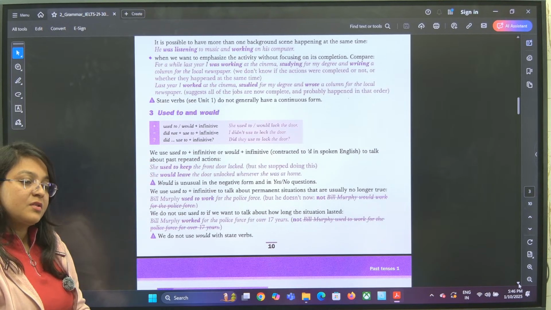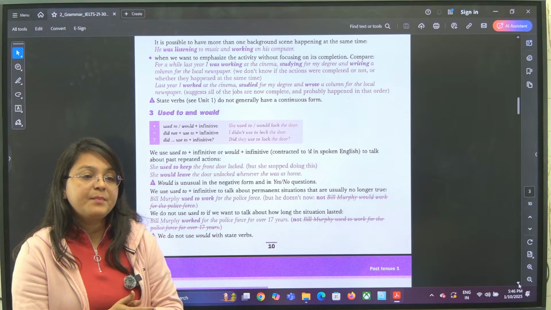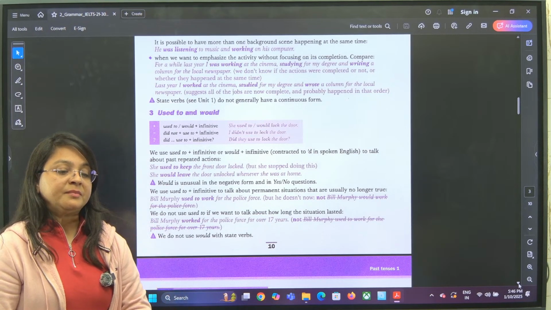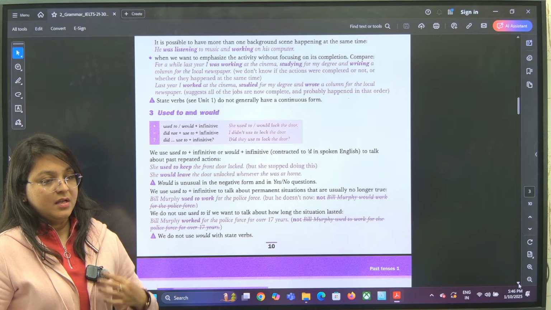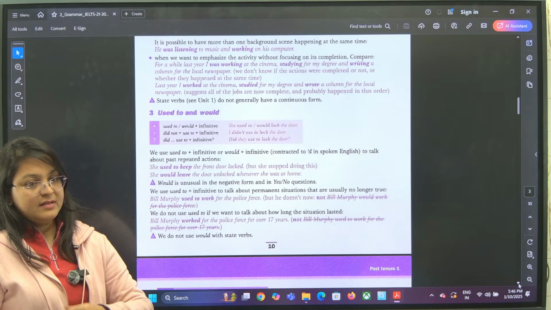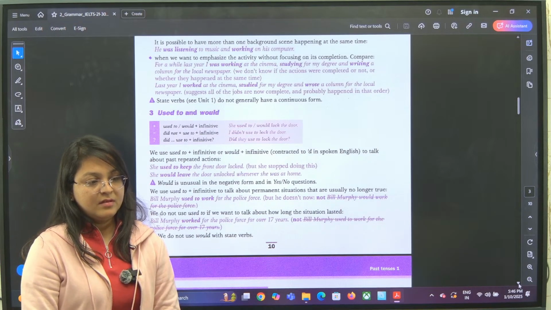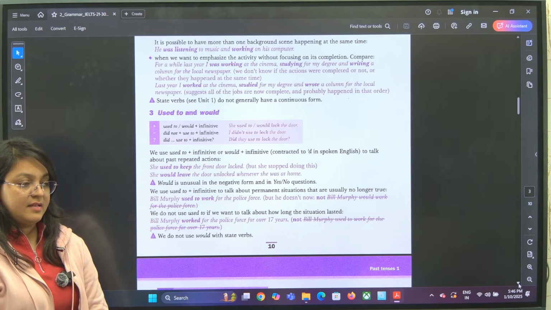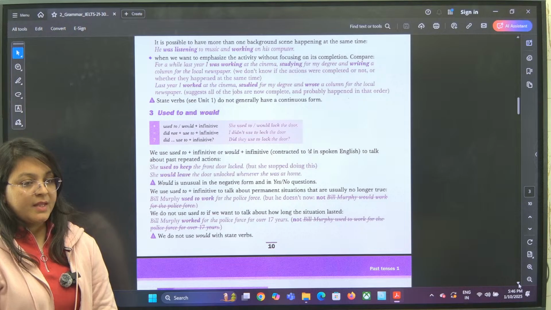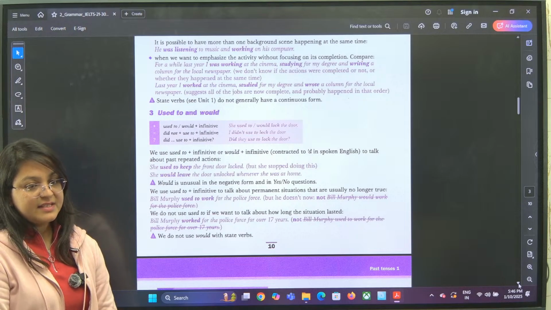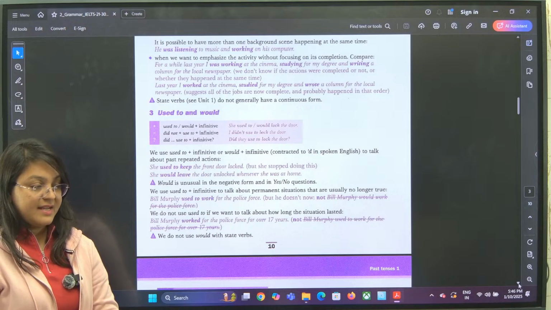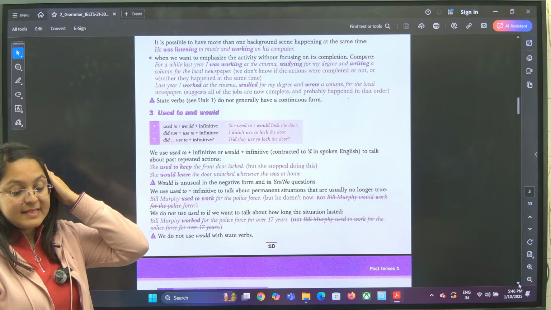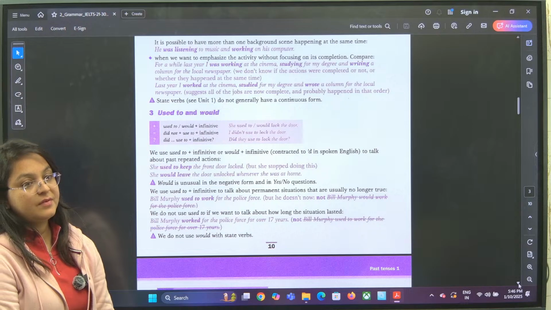Clear? So when are we going to use past simple? In the past. Whether it is a single incident or a series of incidents, right? And when would we use past continuous?